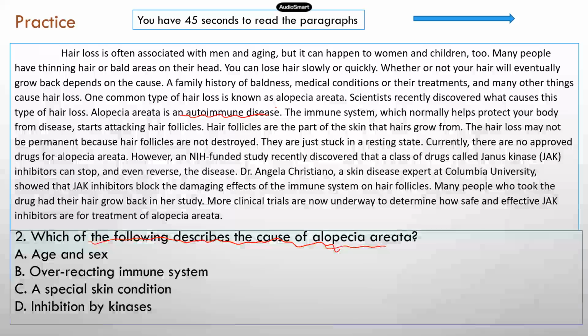So those diseases are caused by overreacting immune system, right? Normally, the immune system would not attack cells, right? Because that's part of your body. But an overreacting immune system could attack the normal tissues and cells, and that leads to the disease. So correct answer is B.